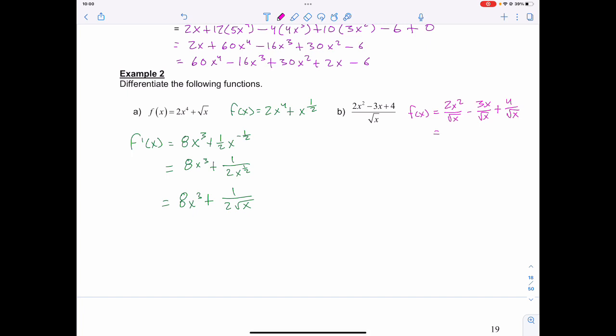That would give me 2x squared times x to the minus 1/2, because of the square root, minus 3x times x to the minus 1/2. And remember, we're doing 1 minus 1/2. And then finally, just plus 4x to the negative 1/2.